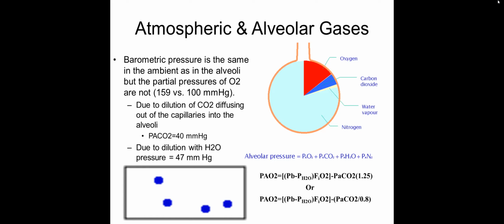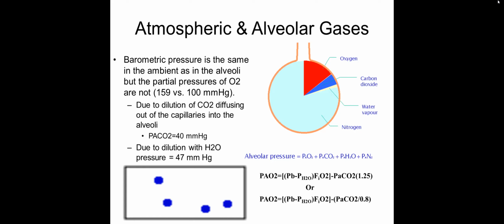And the PAco2, where big A stands for alveolar, is about 40 millimeters of mercury. The partial pressure of oxygen is also lower in the alveoli compared to ambient air because it's diluted with water pressure, which, as we mentioned in the previous slide, is about 47 millimeters of mercury.